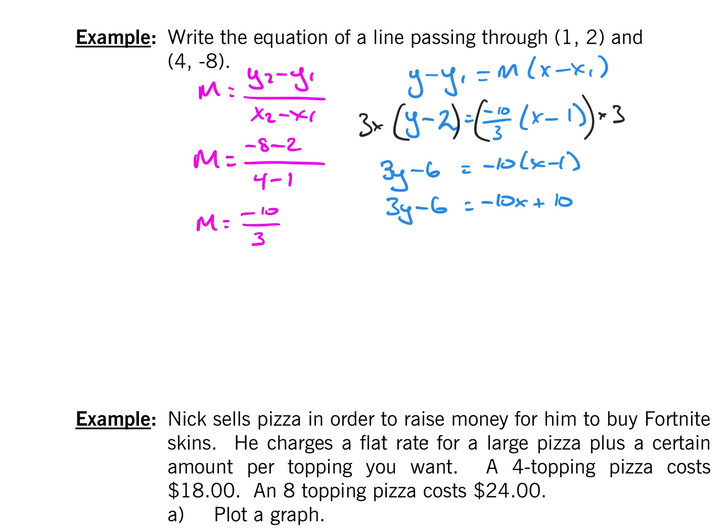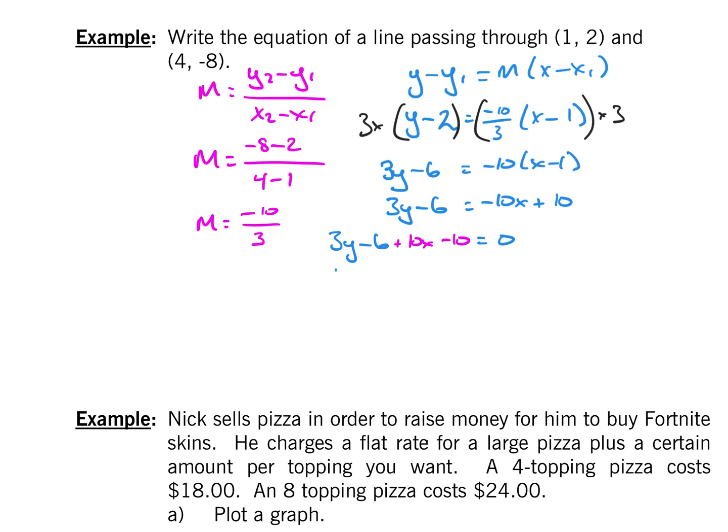Which side should we bring the stuff to? Well, x is negative, so it's not good here. Let's bring it over here, and we'll do the same thing with the 10. So we have 3y minus 6 plus 10x, take away 10, equals 0.